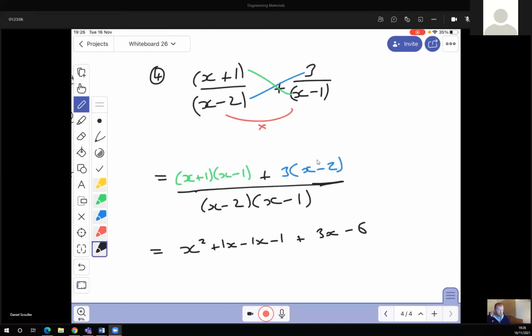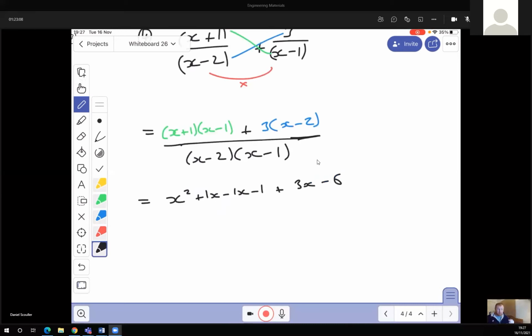Is everyone comfortable with where all those numbers came from? The green terms we're just doing FOIL, so first, outside, inside, last. In fact, I did first, inside, outside, last. I did outside and inside the other way around, but don't worry too much about that.